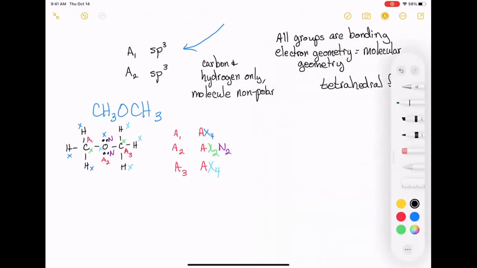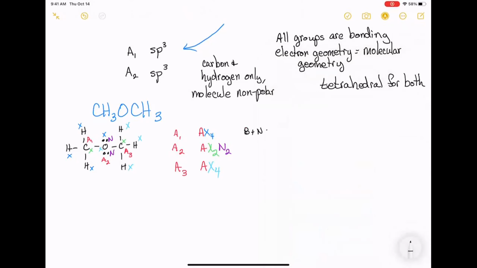If we look at X plus N for each of these, you see that X plus N is equal to 4.